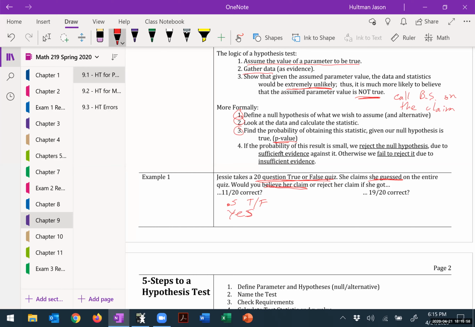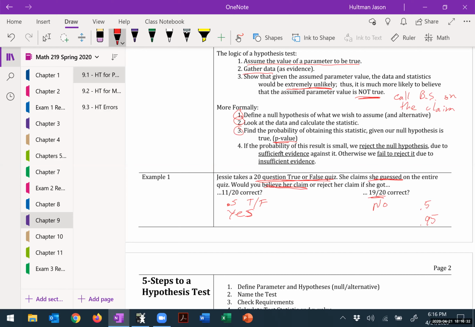But 19 out of 20 correct by just guessing, that's pretty unbelievable. So I'm going to put a no there. That's to say that she claimed she got 50%, but our statistic, the actual result, is 0.95, or 95%.